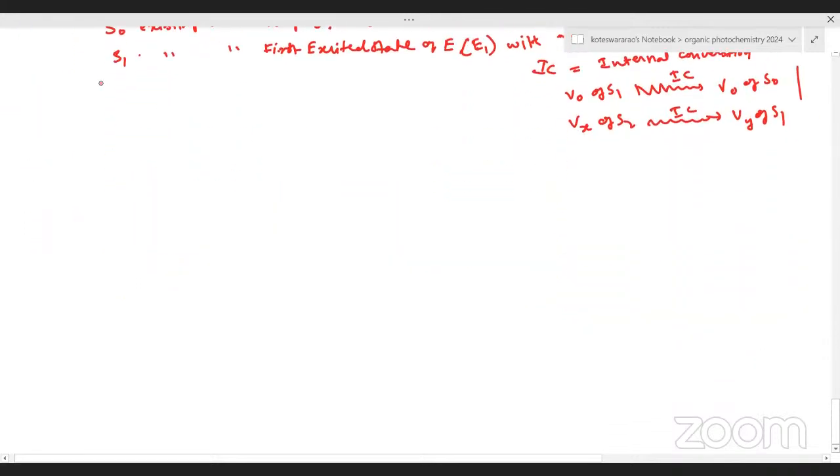What is intersystem crossing here? What's happening in intersystem crossing? Here, the molecule is in some vibrational level of the S1 state.